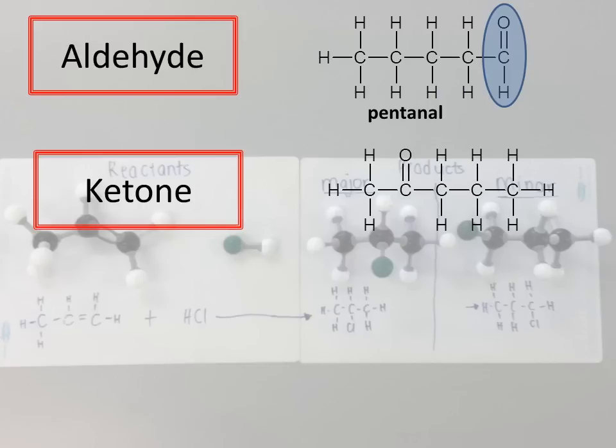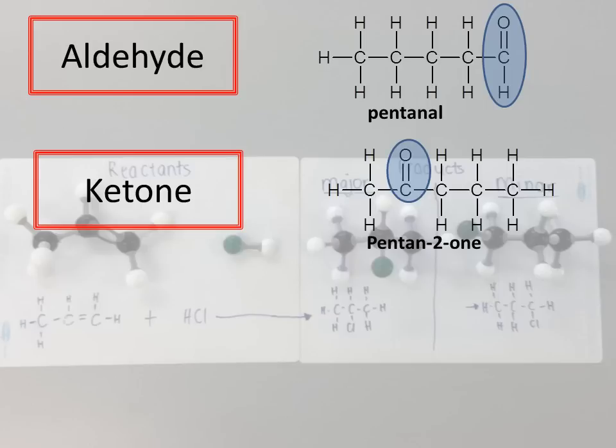Ketones are similar to aldehydes. Aldehydes always have the functional group on the end of a molecule. The ketones can have the functional group anywhere within the middle of the molecule. They have this carbon double bond oxygen functional group. Because it can be anywhere within the middle of a molecule, a ketone is going to have a number to say where this carbon double bond oxygen functional group is.